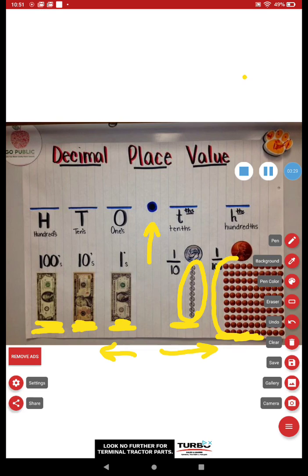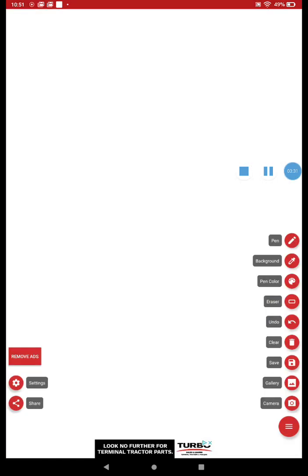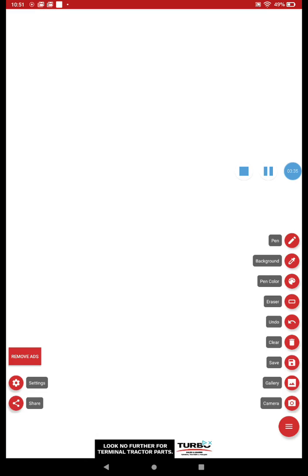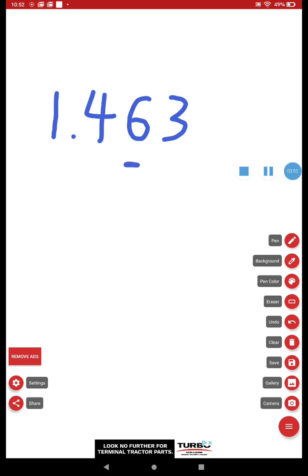So let's put that into practice. If I have a number that looks like 1 and 463 thousandths, and I want a number where the 6th digit is 10 times greater.